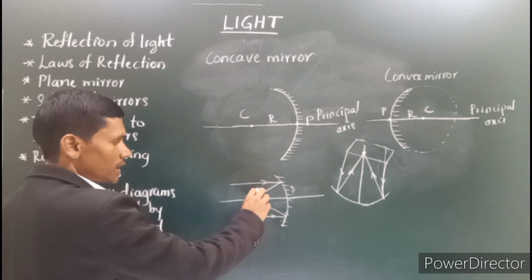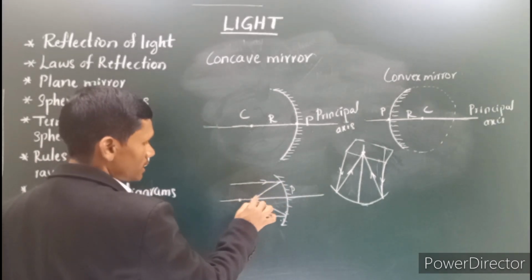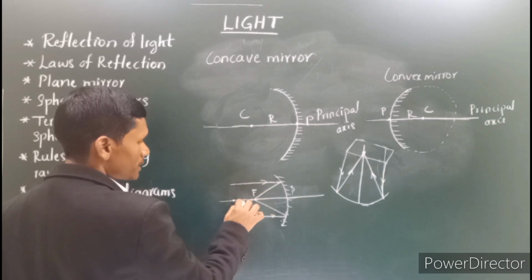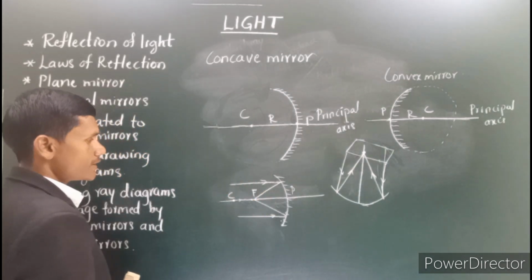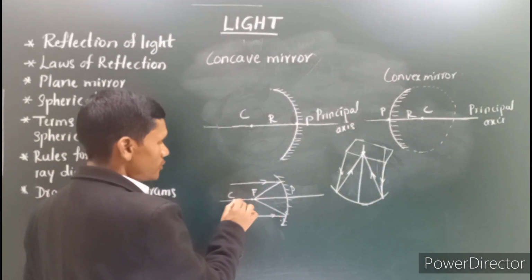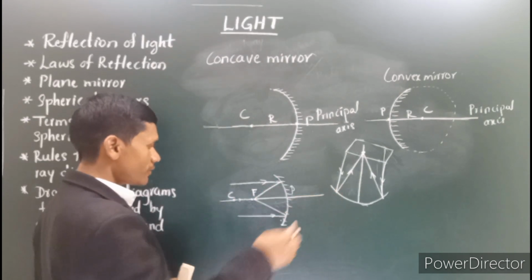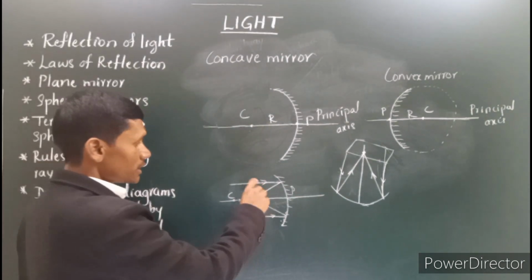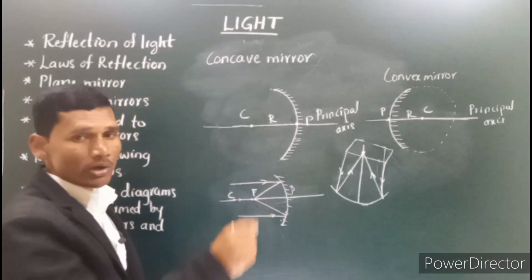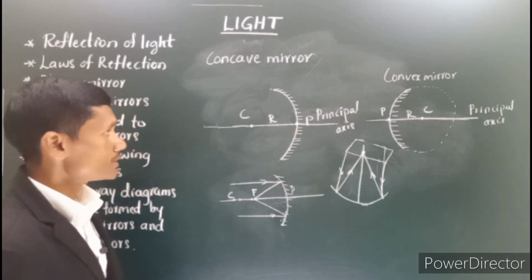Where these rays are converging, that is called the focal point or principal focus. We call this the principal focus. We call this the center of curvature, right? Now, as you know already, the distance between the center of curvature and the pole is called the radius of curvature. But these parallel rays, where they meet on the principal axis, this point is called the principal focus.